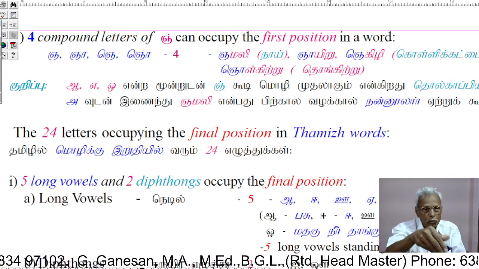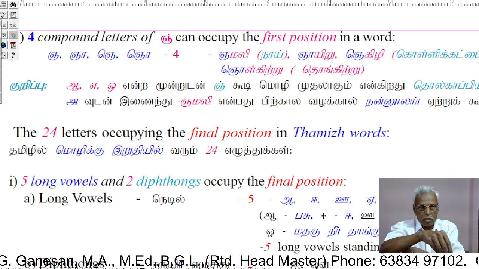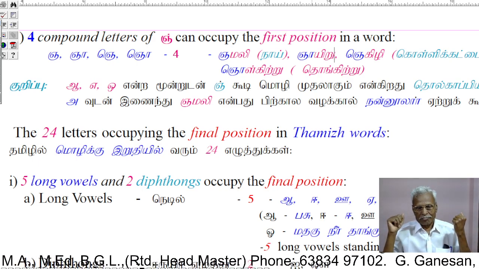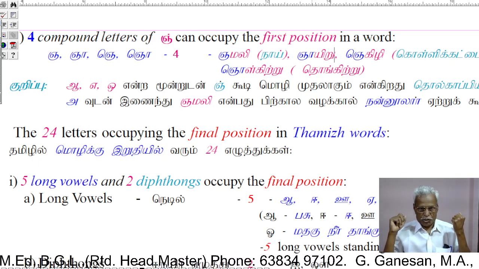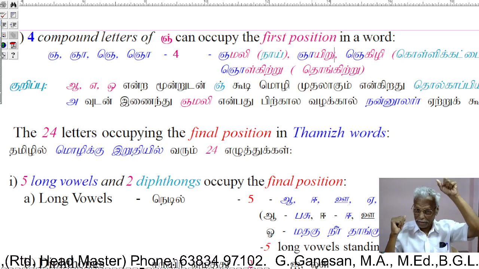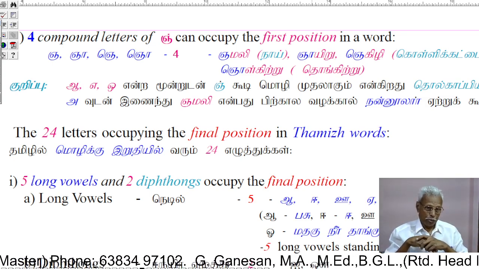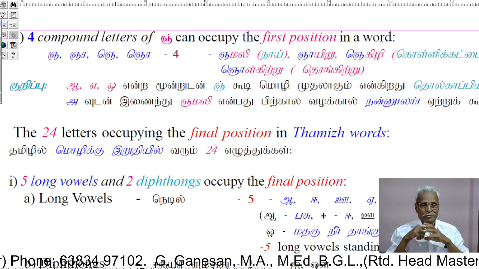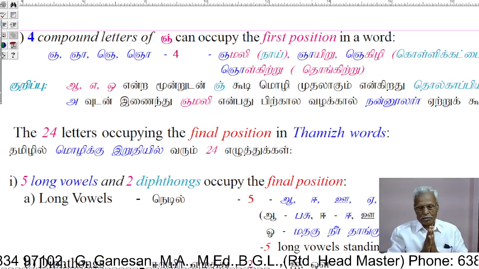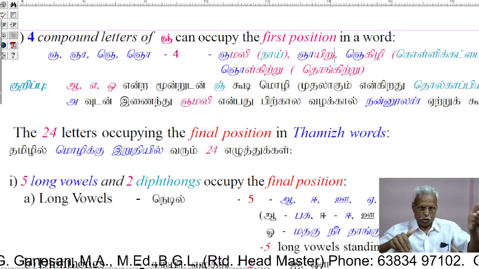So he included Nya also in the list. So thus the word Nyamali. Actually, according to Tolkappiyam, Nyamali would not be used. But according to Nannul, according to Sage Pavanandi, Nya is used because at this time it was in use.